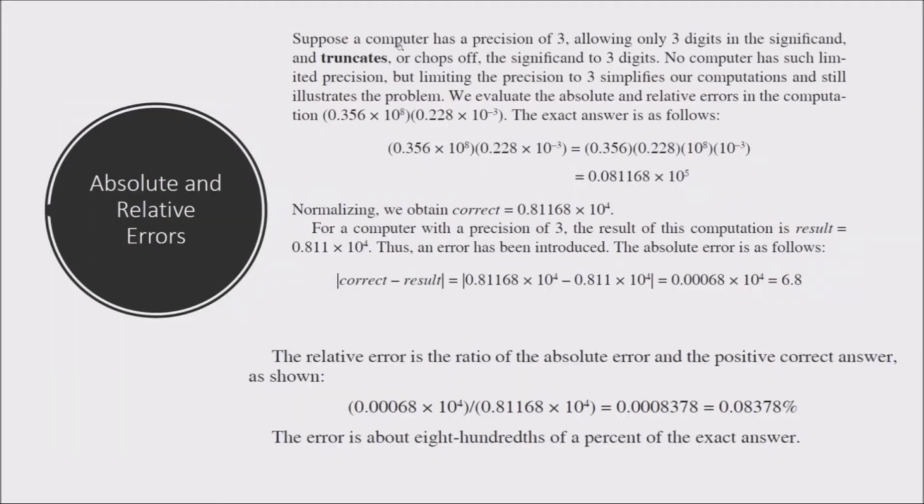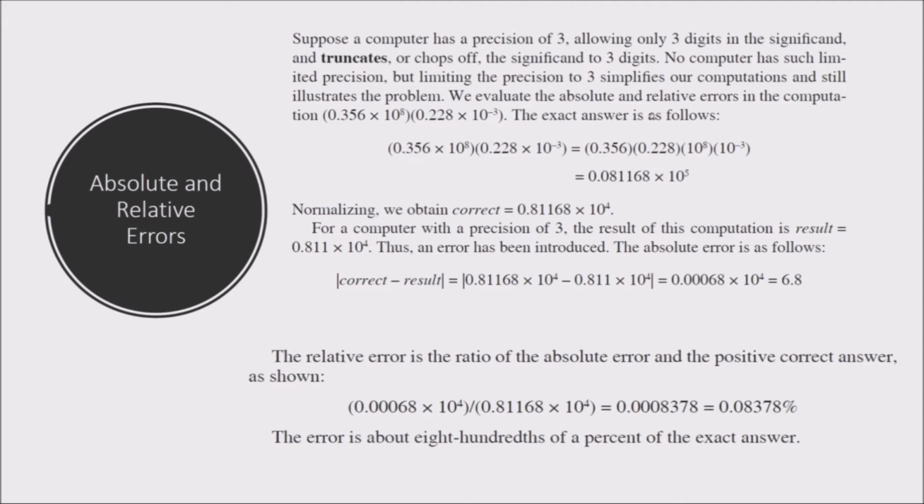Suppose a computer has a precision of 3, allowing only 3 digits in the significand, and truncates. What does truncate mean? You just chop it off, right? I will talk about that in the next few slides. So 3 significant digits means you can store a 3-digit number.